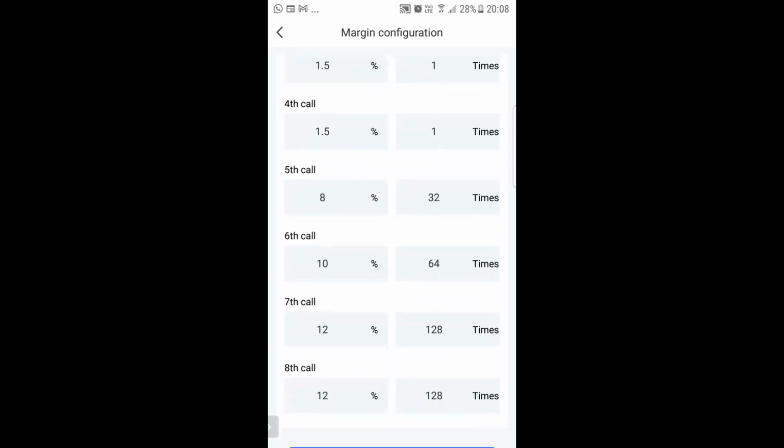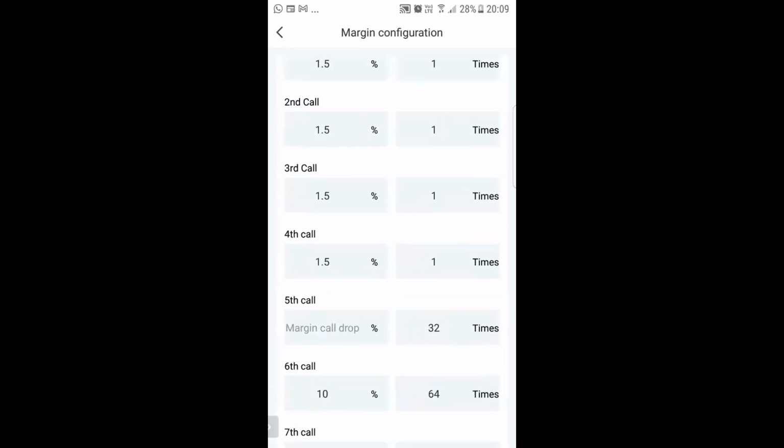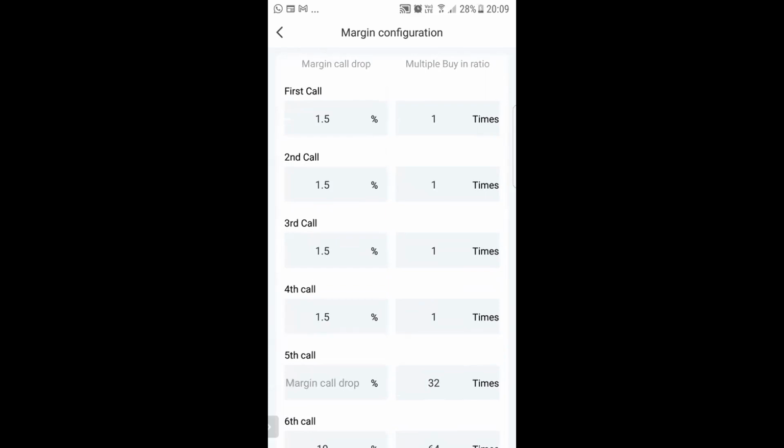Now, let's go to the 4th call. On the 4th call, I mean, the 5th call, I beg your pardon, before that, let's get our budget right. Remember, we have entered the market with $15, and then the market dropped by 1.5%. That is the first call, that is margin drop.